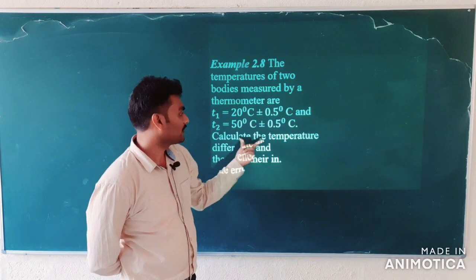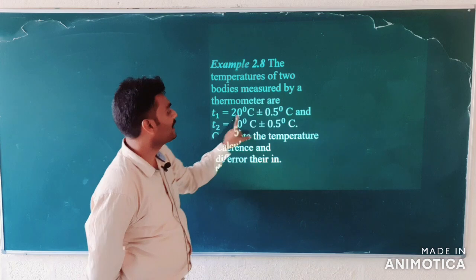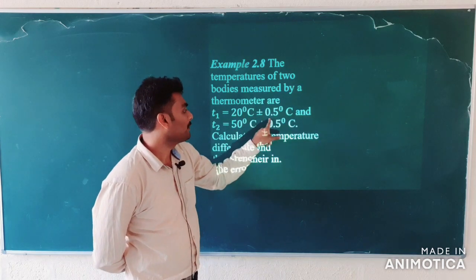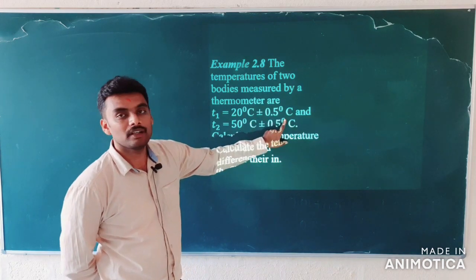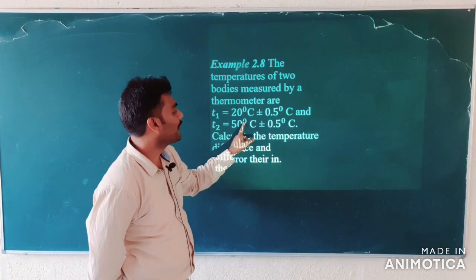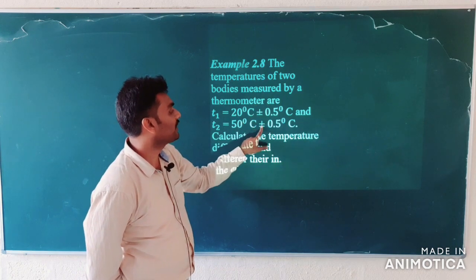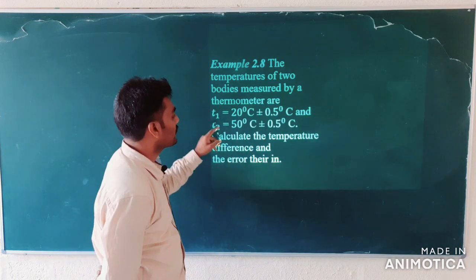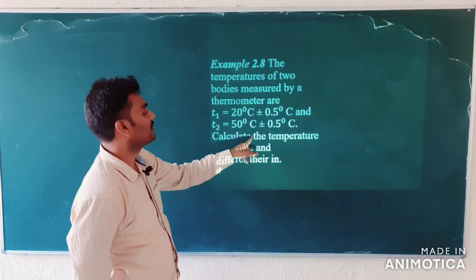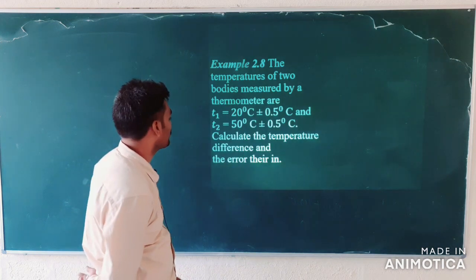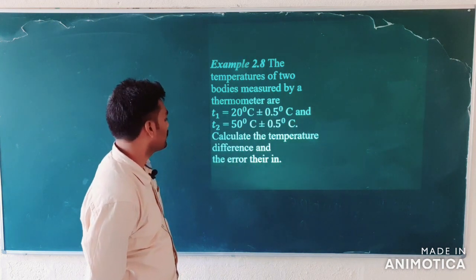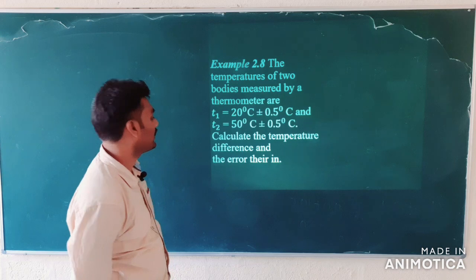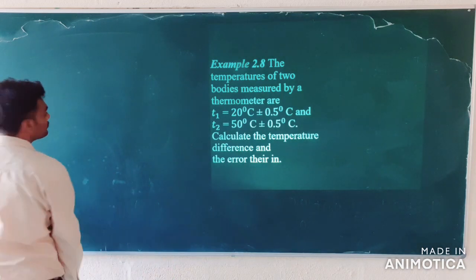That's why the total value is 20 degrees Celsius plus or minus 0.5 degrees Celsius. It can also be expressed as 20 plus or minus 0.5 degrees Celsius together. That's also fine. So T1 is this, T2 is 50 degrees Celsius plus or minus 0.5 degrees Celsius. Calculate the temperature difference and the error therein.